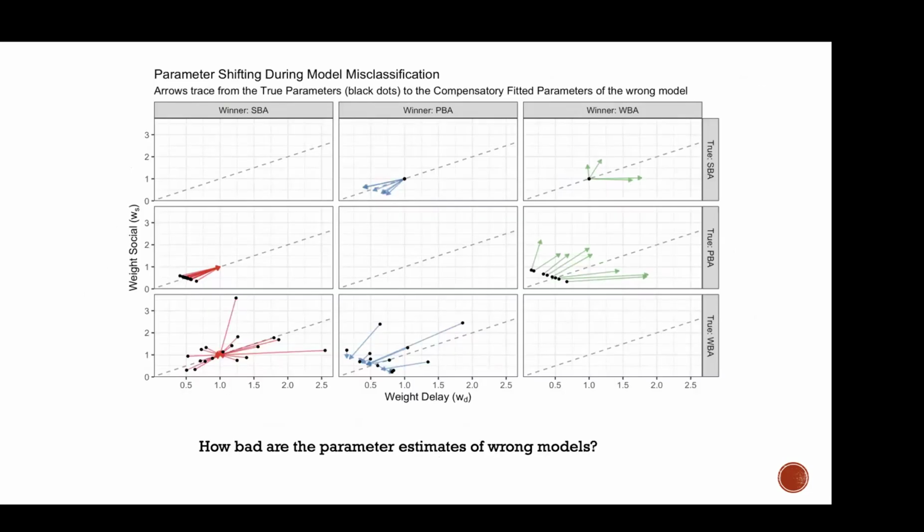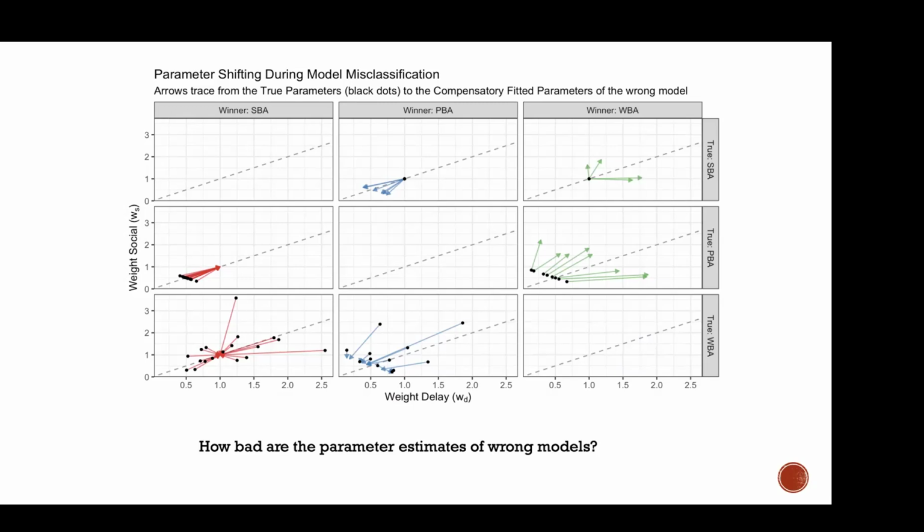And then what I did here is, when we have a model that's wrong, we plot with a dot the true parameter values, and with an arrow where the model is actually pushing them in its estimates.